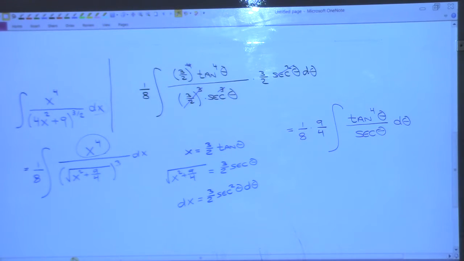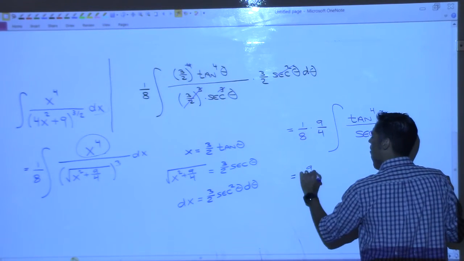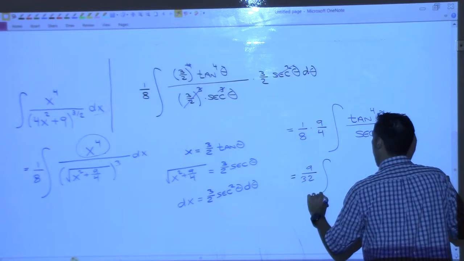Right? Now, we haven't dealt with anything like that before, where we've got that sort of tangent and secant together in a ratio. We've had them side by side, haven't we? But not like that. So whenever you see this, I would just get everything in terms of sine and cosine. So what does a secant on the bottom really mean? Cosine on the top, right? So this is really 9 over 32 integral.